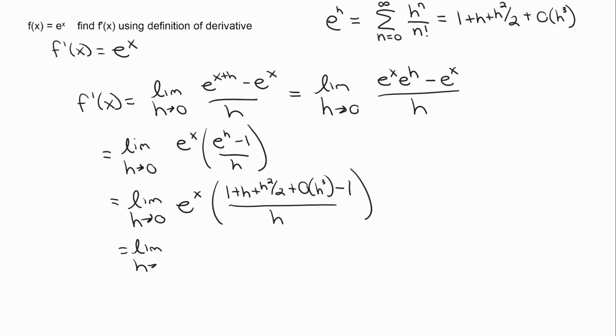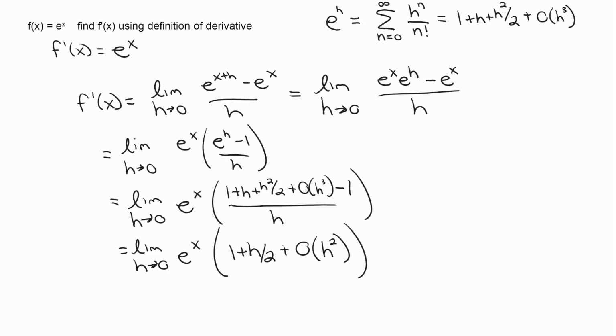So if we rewrite this, we have the limit of h approaching 0, e to the x, multiplied by now our quantity after also canceling out the h's. We have 1 plus h over 2, plus now O of h squared, because O of h cubed divided by h is just the same thing as saying terms of h squared and higher.